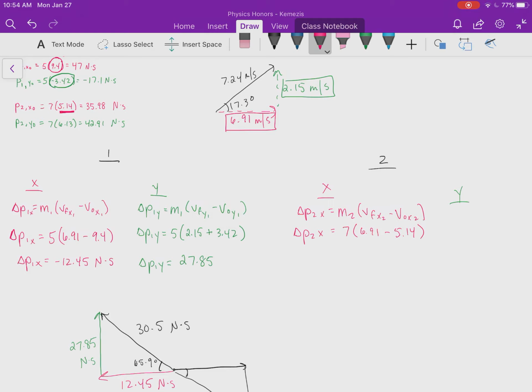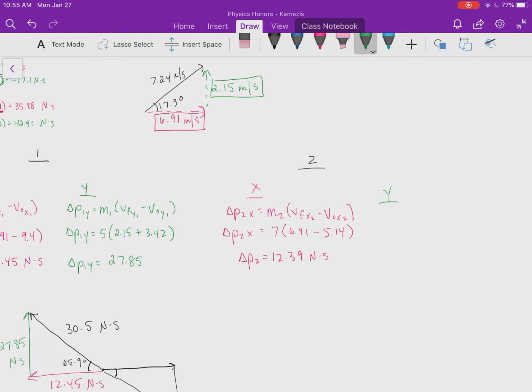So 6.91 minus 5.14 times 7. It's a pretty good sign. We can take into account rounding, but delta P2x is equal to 12.39, which is positive, which is opposite of the delta px 1. And again, it's within rounding. If we were to hold on to a few more digits, they would get closer, but this rounds up to 12.4, close enough, Newton seconds.